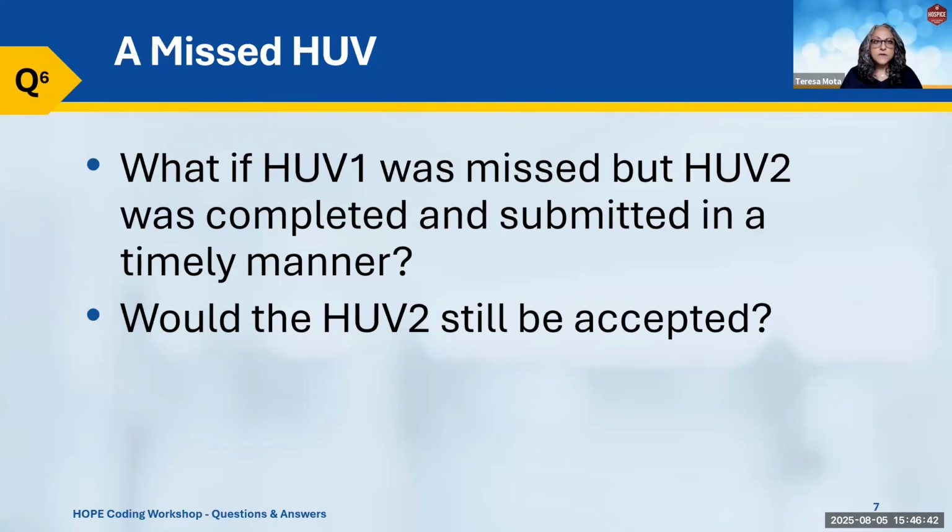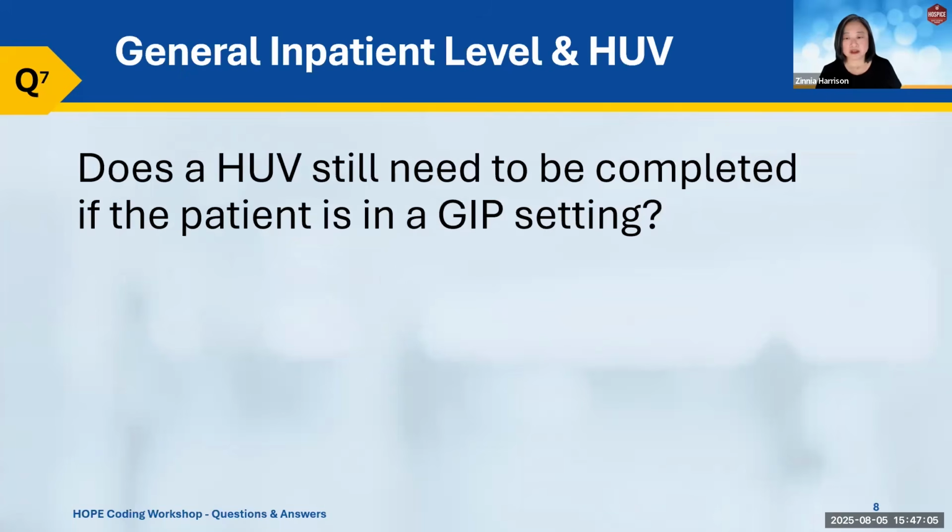And if an HUV is missed or late for any reason, for example, the HUV1 was conducted on day 17 or HUV2 was conducted on day 33, you can still conduct the visit as appropriate and submit the HUV1 or 2 record once completed, including any SFE if it's applicable.